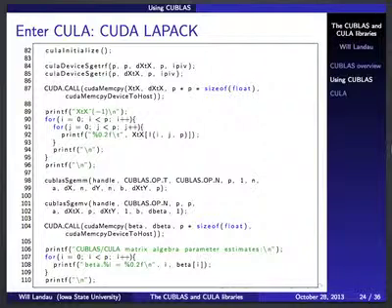So after I call CULA initialize, which I need to do before I do anything in CULA, I'm going to first call this function. getrf is an LU factorization, and it's going to take the LU factorization of X transpose X and store the pivots in that factorization algorithm as ints in this array IPIV.